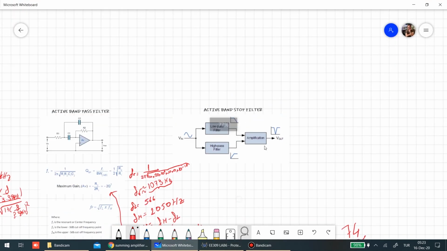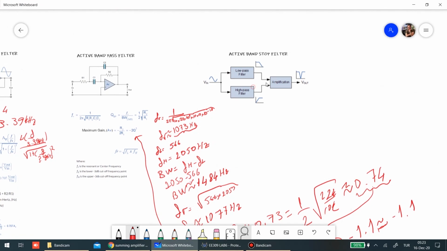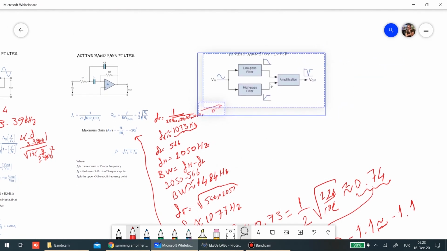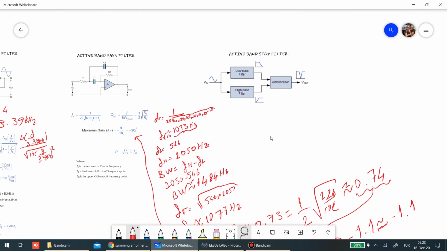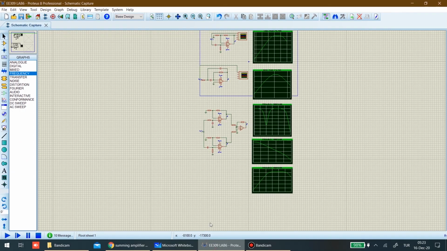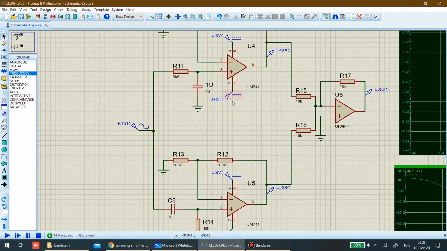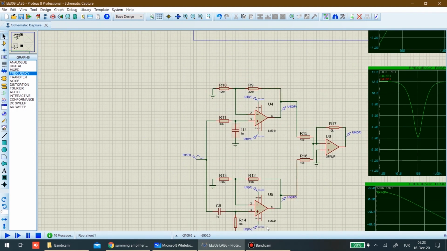I think there's no need to calculate the active band stop filter parameters, because it is nothing more than the combination of two different filters.